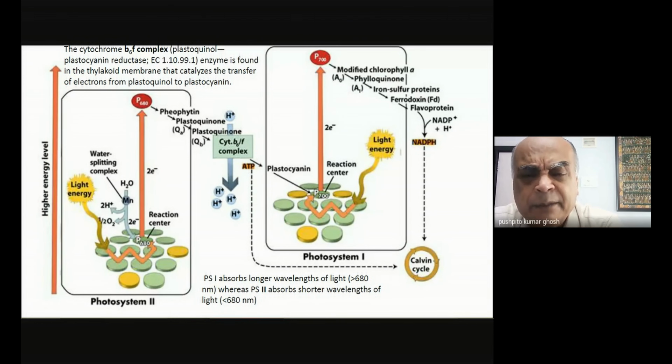It may release heat, or it may fluoresce or luminesce and release it in the form of light, but the two will tend to recombine: the electron and the positive charge that you created.